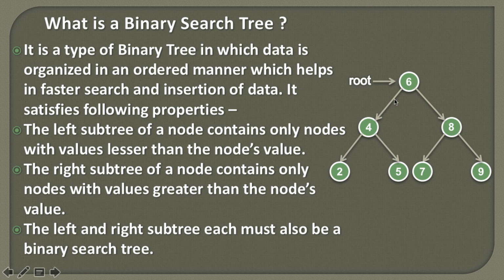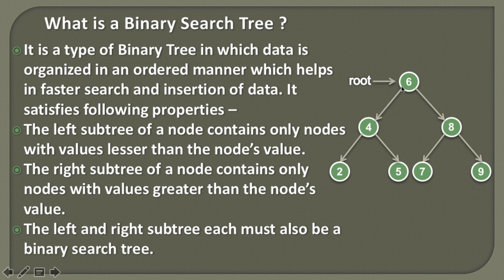There are 3 nodes to the left of 6, and if you compare the values of these 3 nodes with 6, you will find that 4 is less than 6, 2 is less than 6 and 5 is less than 6. So all the nodes to the left of a particular node should have values lesser than the node's value.